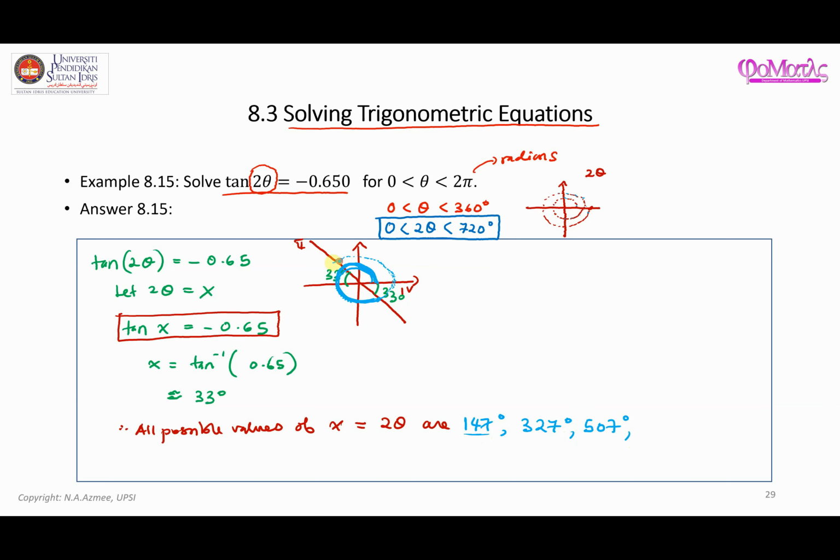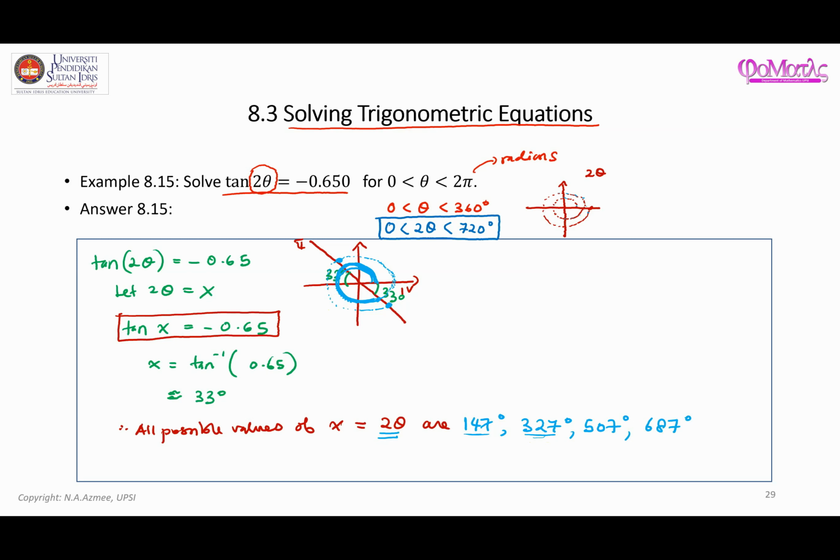And if you complete another round up until this point here, this is just 327 plus 360 degrees. So that will be 327 plus 360 degrees, and that is 687 degrees. So that's the value of 2 theta.